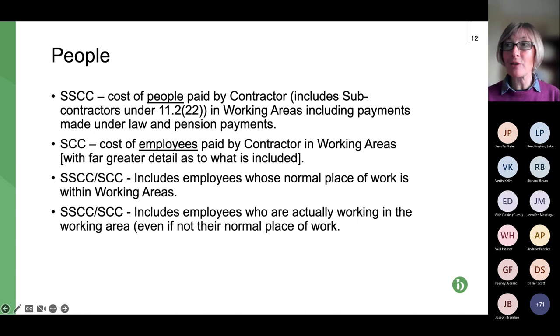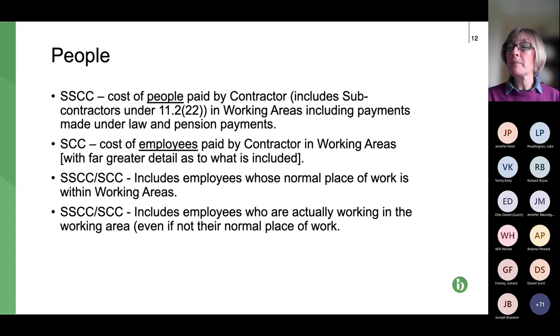There's no case law on that. I suspect it's got to be over 50% of the time, and probably it's got to be working predominantly within that working area. And the final bullet point applies to both schedule and shorter schedule. It also includes the employees who are actually working in the working area, even if it's not their normal place of work.